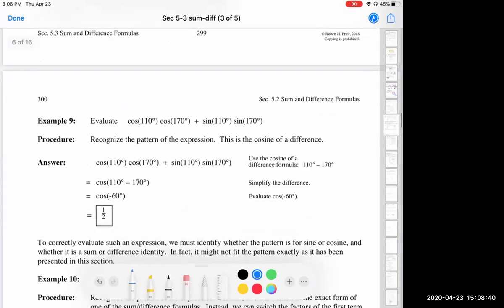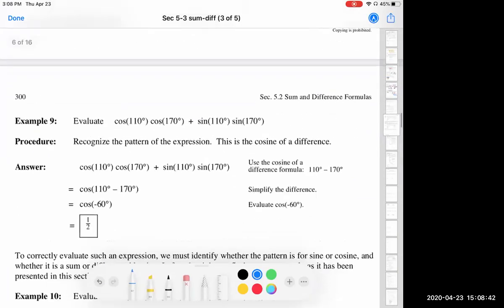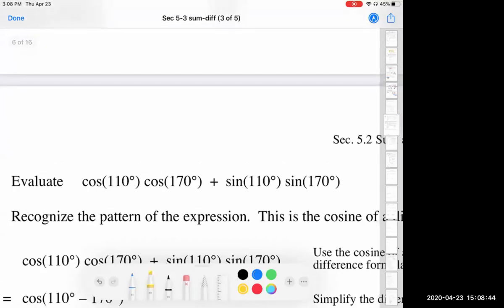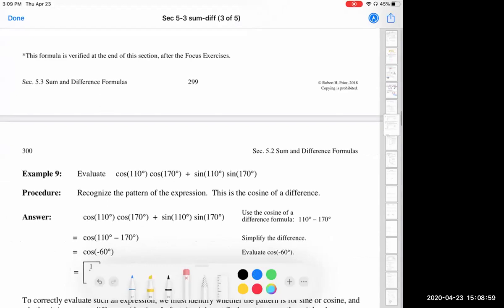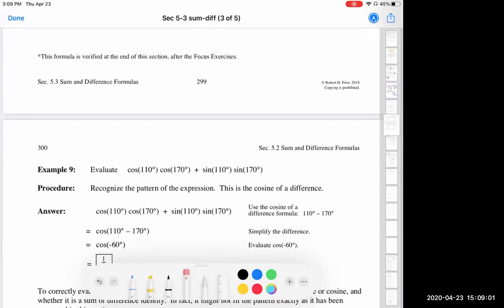So for example here, example 9, if we take a look at this, we're like, whoa, how in the world do they want us to find these numbers? In our unit circle, we do not have 110, nor do we have 170. But then you're like, oh, okay, I can rewrite this. This is the same thing as my cosine of difference.